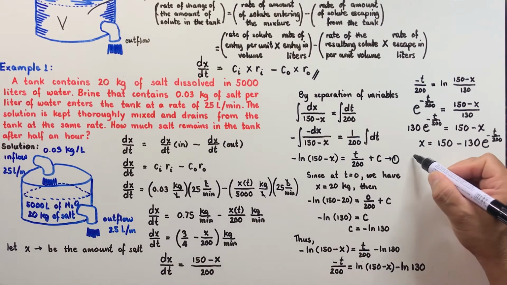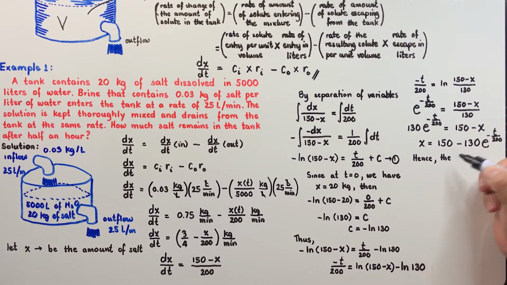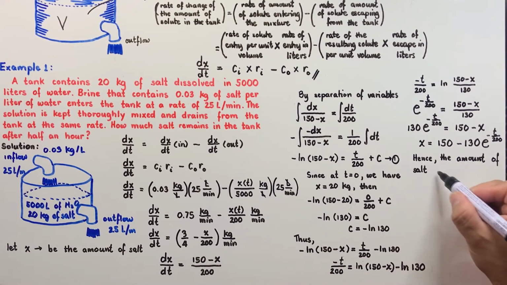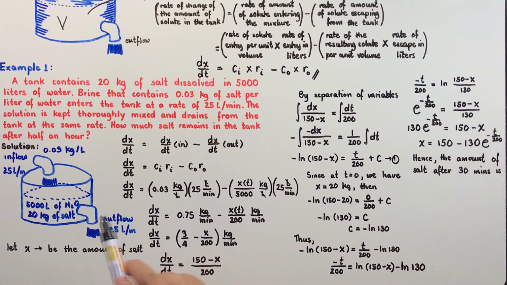So therefore, we can find our amount of salt after half an hour. So the amount of salt after 30 minutes, because we need to convert half an hour to minutes to be unified with our units of inflow, which is 25 liters per minute.